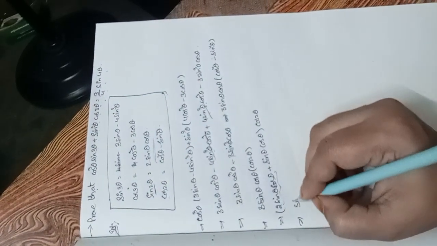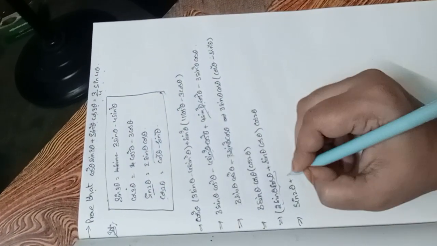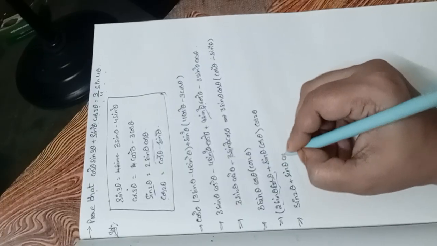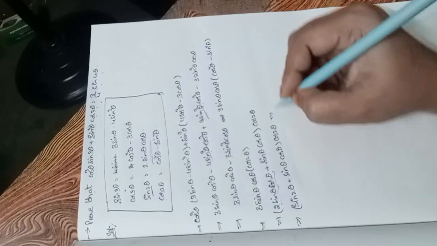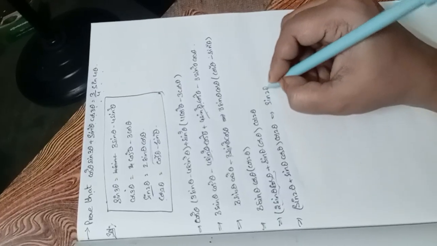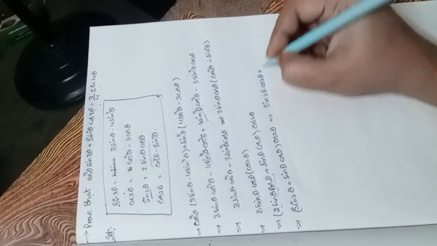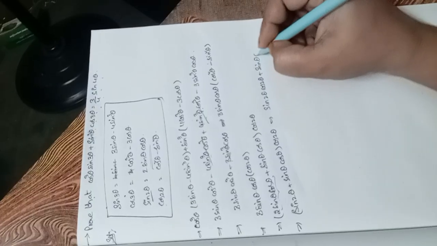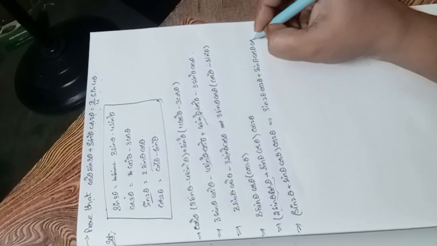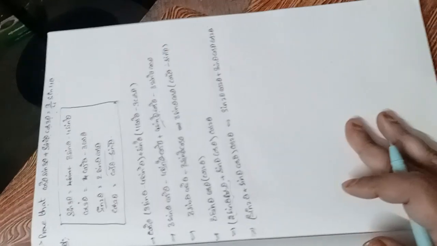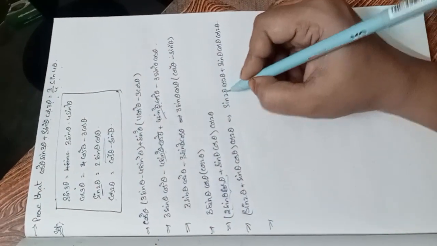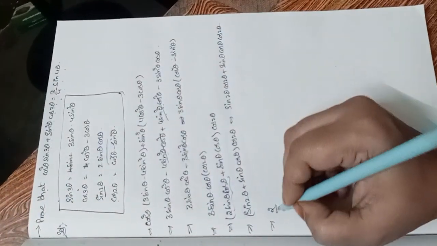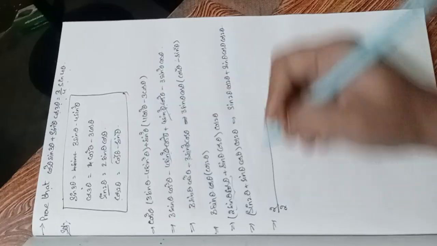This becomes sin 2 theta plus sin theta cos theta into cos 2 theta, which is sin 2 theta cos 2 theta plus sin theta cos theta cos 2 theta. Here what I am doing is multiplying and dividing this expression by 2.